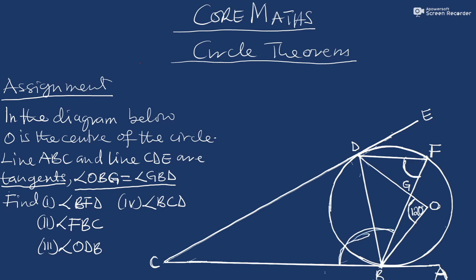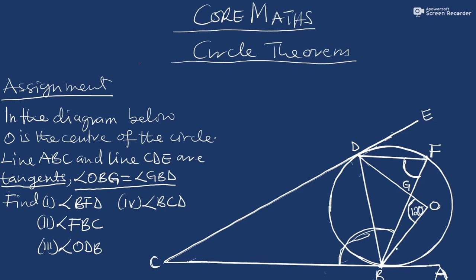Okay, the angle here. Good. Now looking at the diagram carefully, you realize that this line here, OB, is a radius. Okay, and then we're told that this line ABC is a tangent.